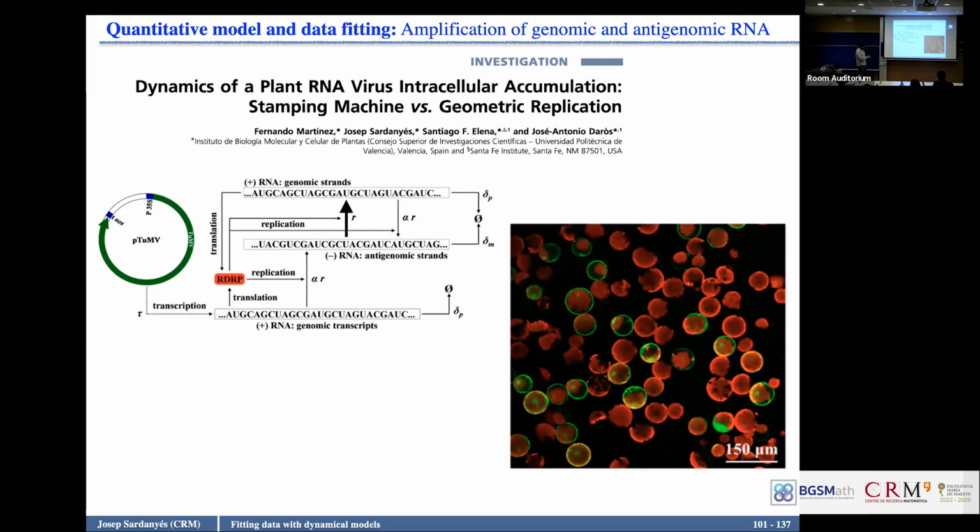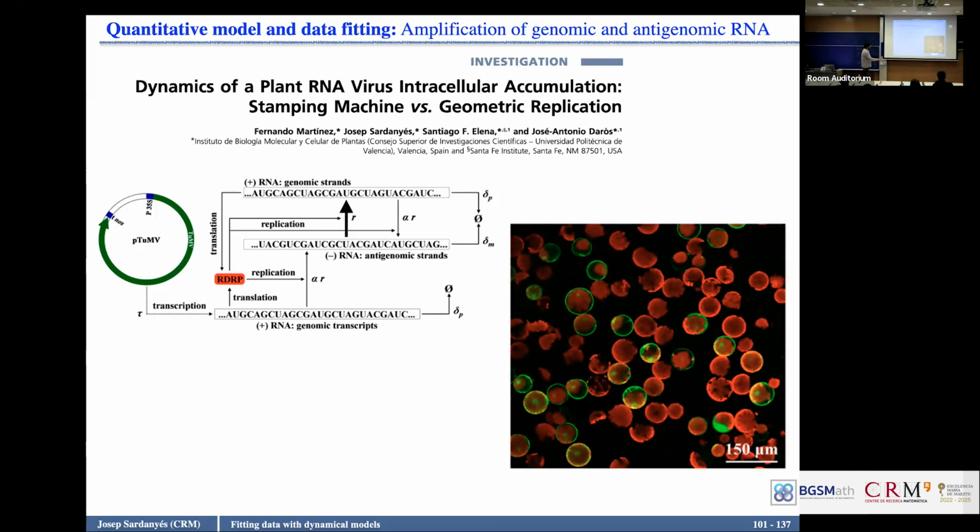Here what they used is a technique that works with protoplasts. Protoplasts are when you take a tissue, you grind the tissue, you isolate the cells, and then you have the cells in a liquid medium without the cell wall.